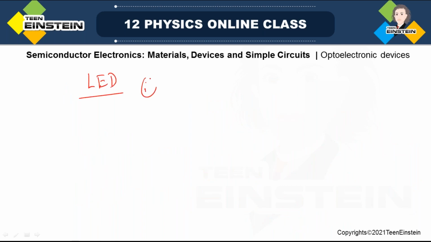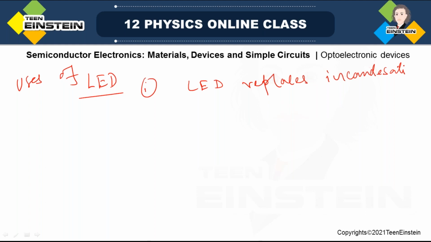LED replaces the incandescent lamp, because an incandescent lamp needs high power to operate, but LED needs very little power.